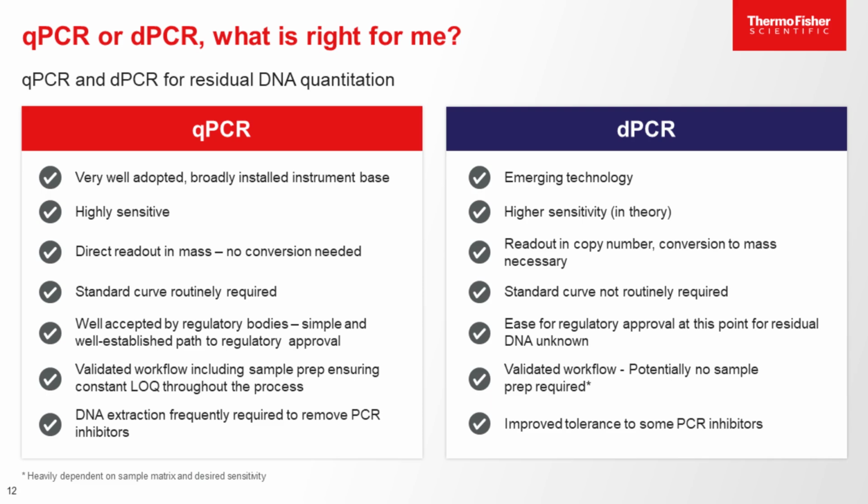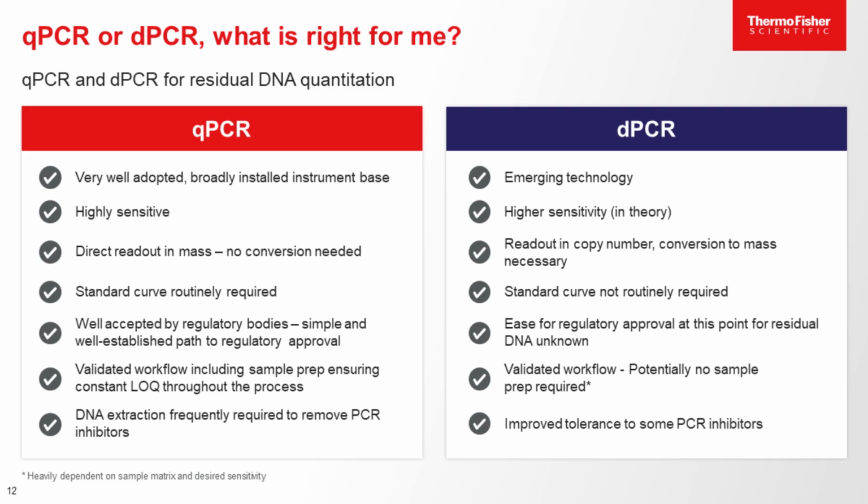And then the last two bullet points here are around sample preparation and extraction. On the qPCR side, it's best practice, right? And it also gives you a very constant LOQ throughout the process. And due to inhibitors, often DNA extraction is needed if your matrices contain those PCR inhibitors.